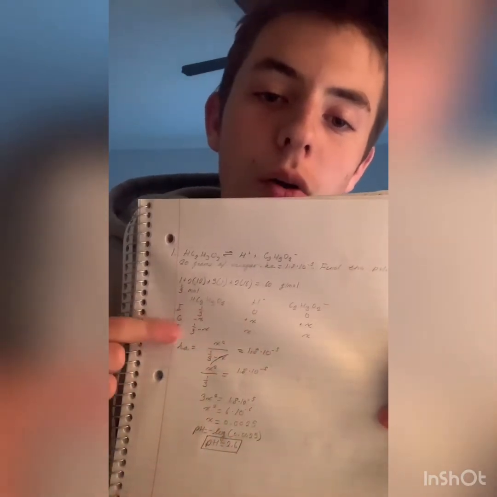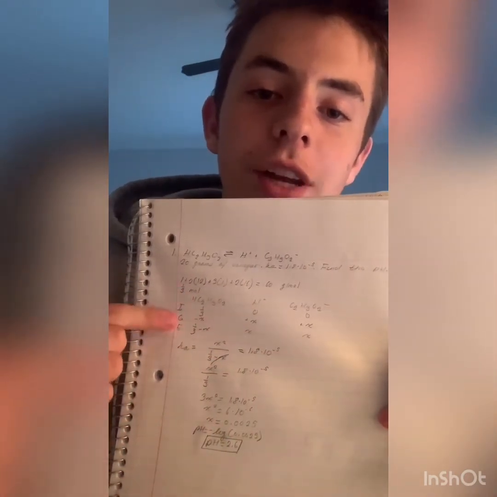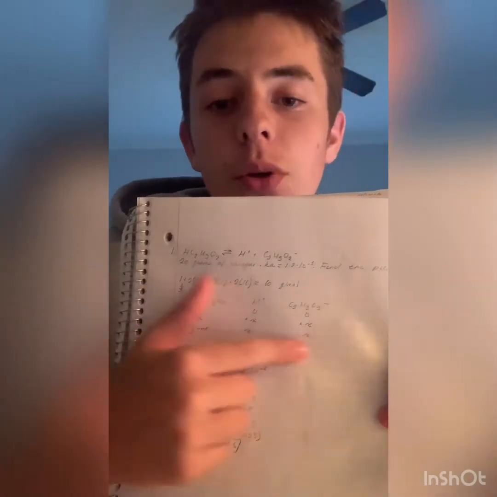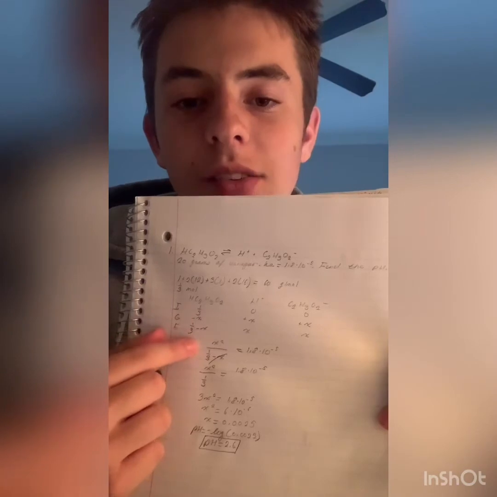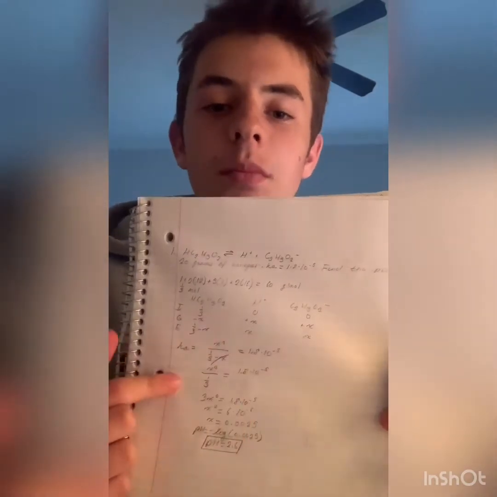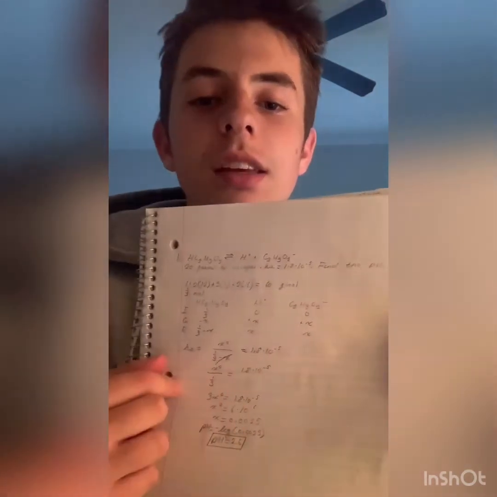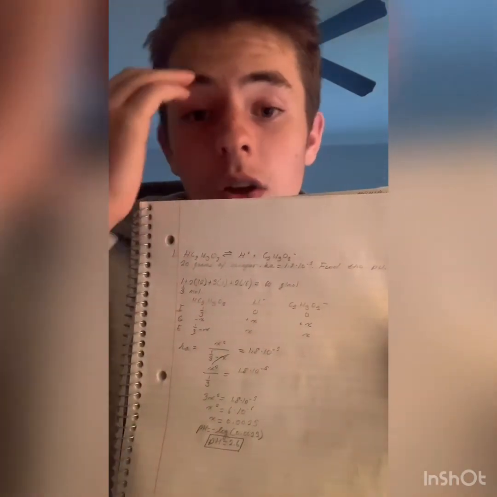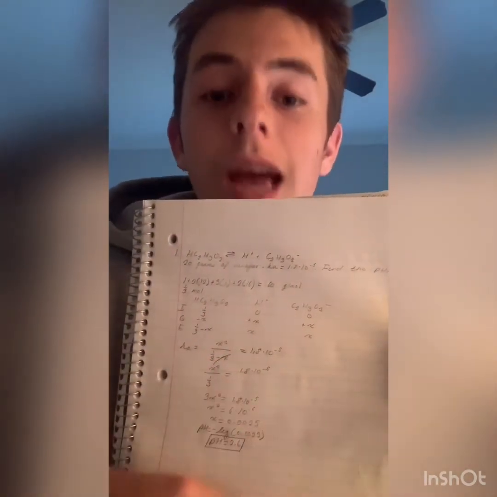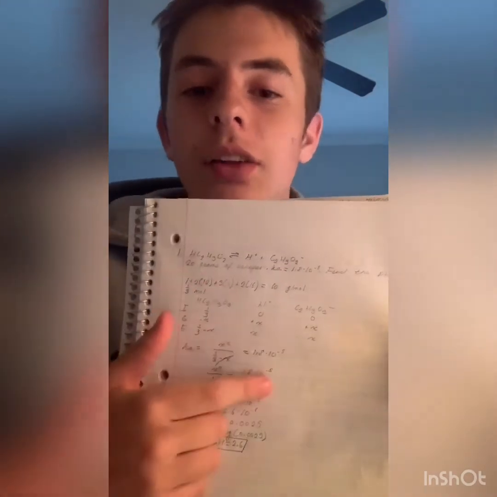Okay, so now we just add the initial and the change to find what we would have at equilibrium. So we have 1/3 minus X, and then X, and then X. So to find the X value, to find the concentration of H+, which we will use to calculate the pH, we have to use the Ka value.